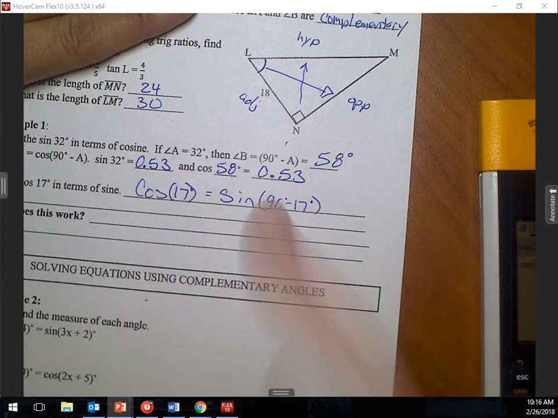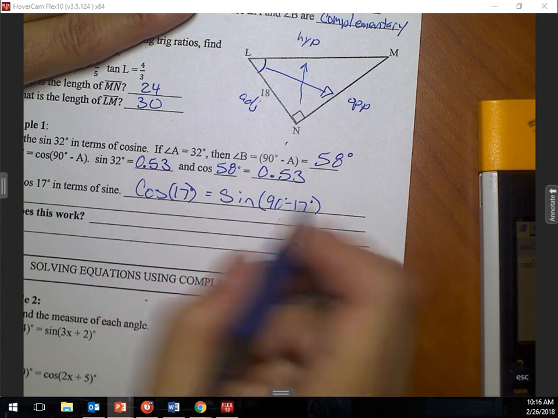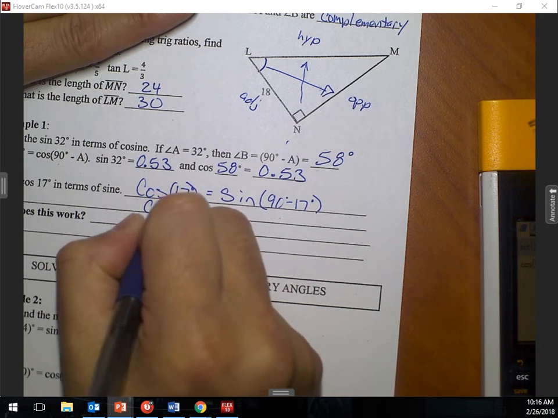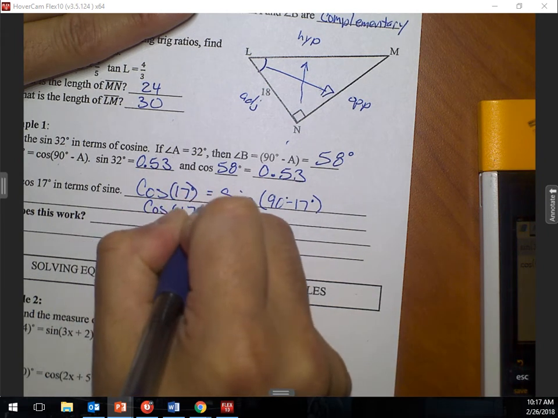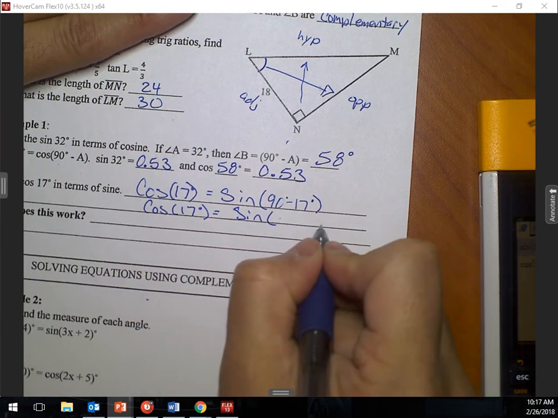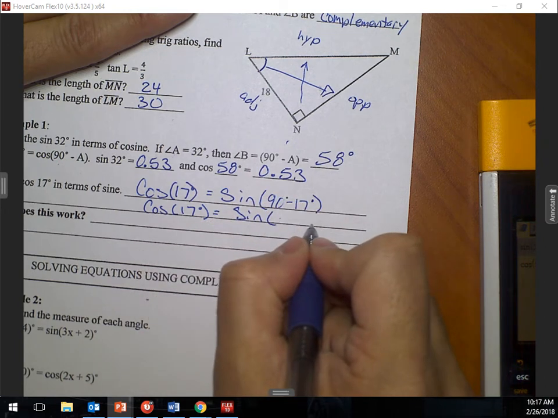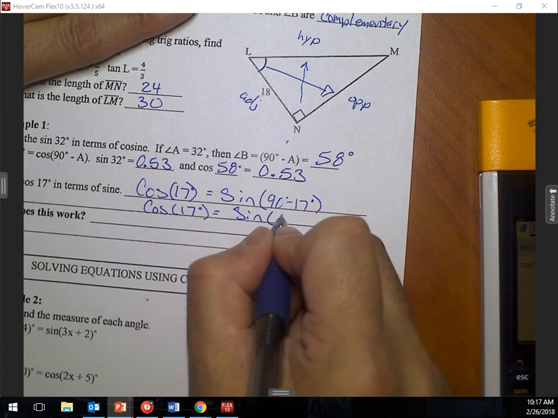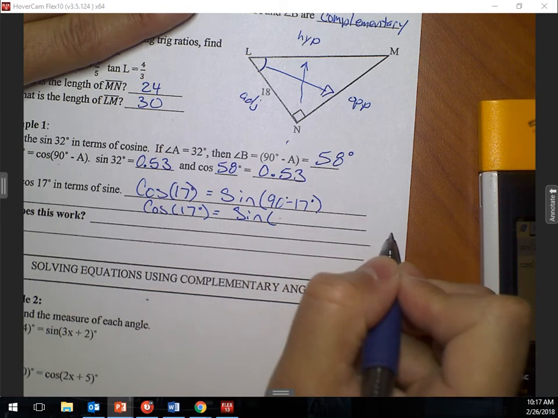These are complements of each other. So in the end, I know that cosine of 17 degrees is equal to the sine of, what do we get? 73, right?